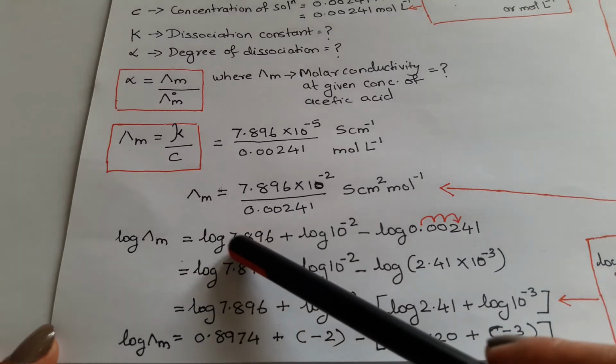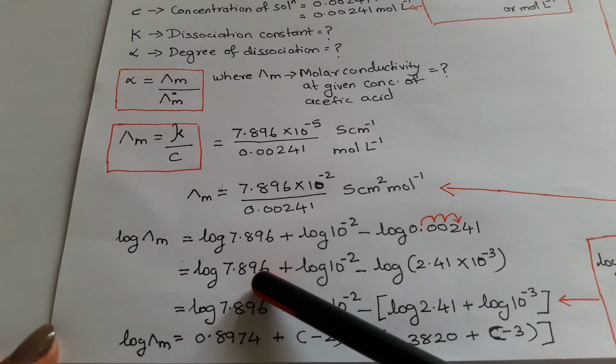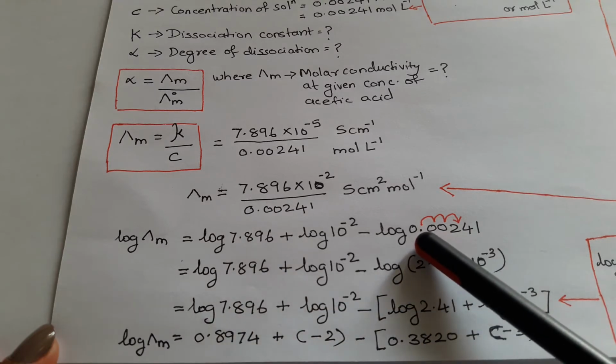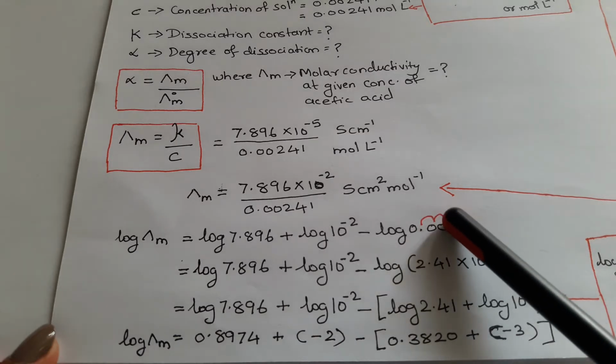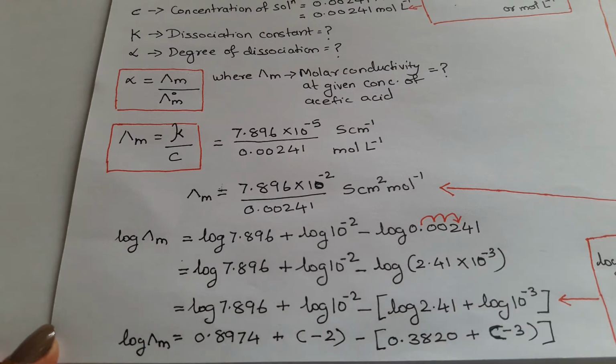Next is to convert these into simple log. Here it is already in simple log form, but here we need to shift the decimal to 3 digits towards the right, and therefore we write into 10 raised to minus 3.